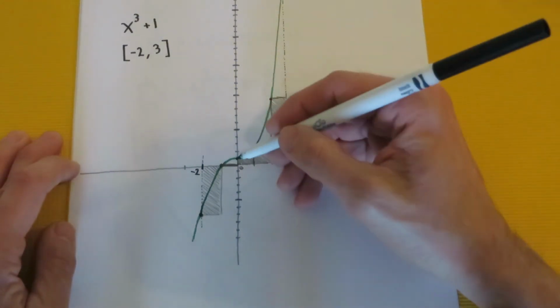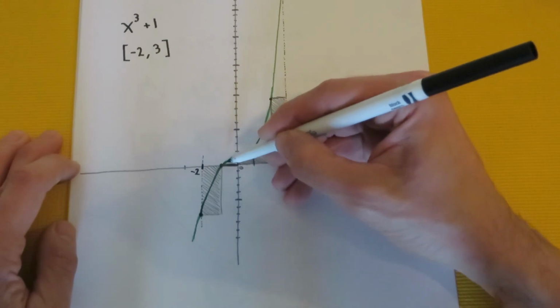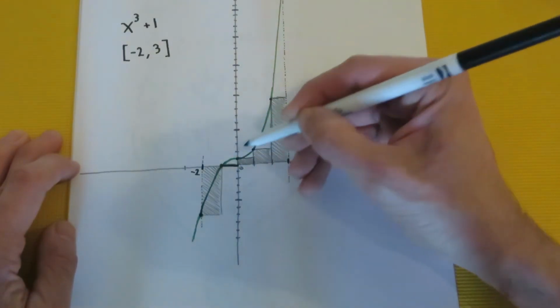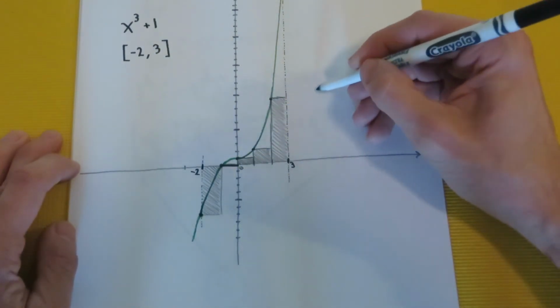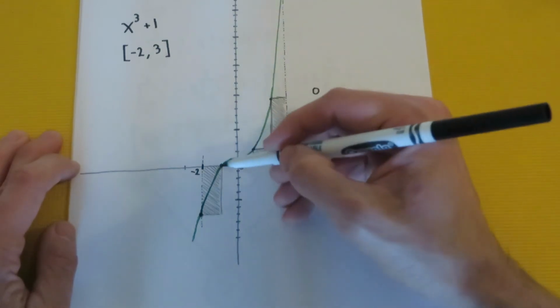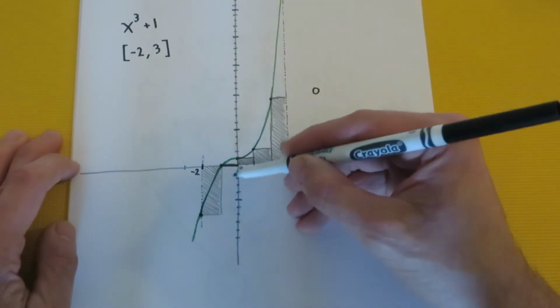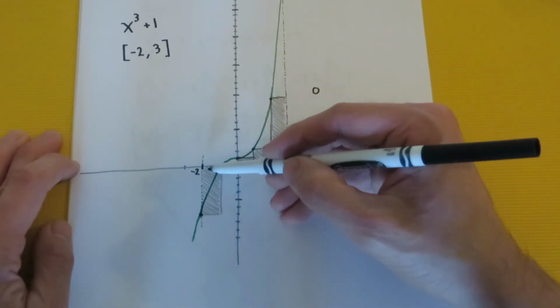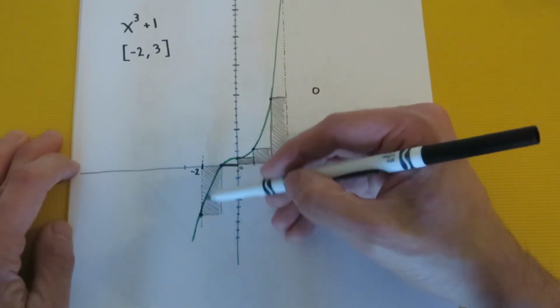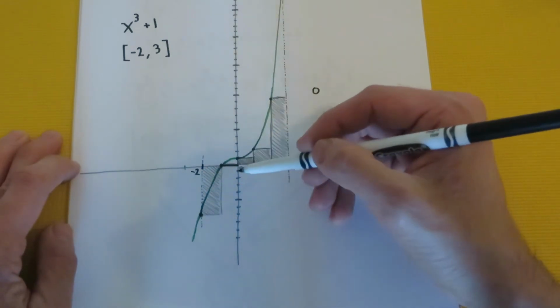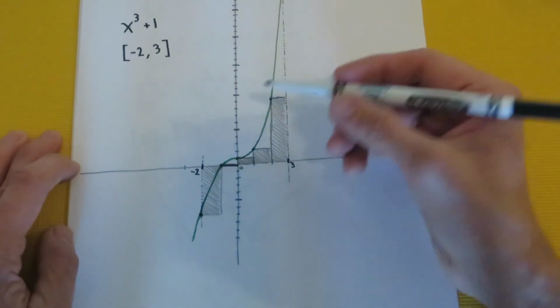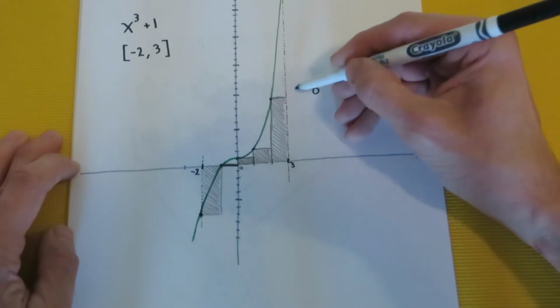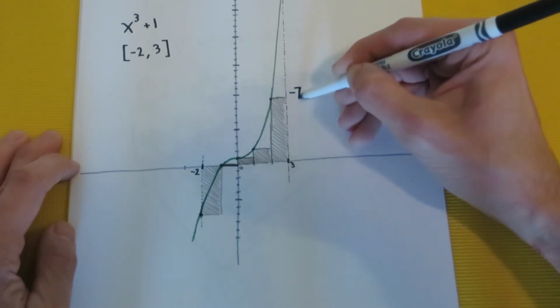Alright, so well, we know that this rectangle here just equals 0. This one is going to be, remember the bases are just 1, so the area of the rectangle is just going to be whatever the height is. In this case it's -7. So that's -7 times 1, that's -7.